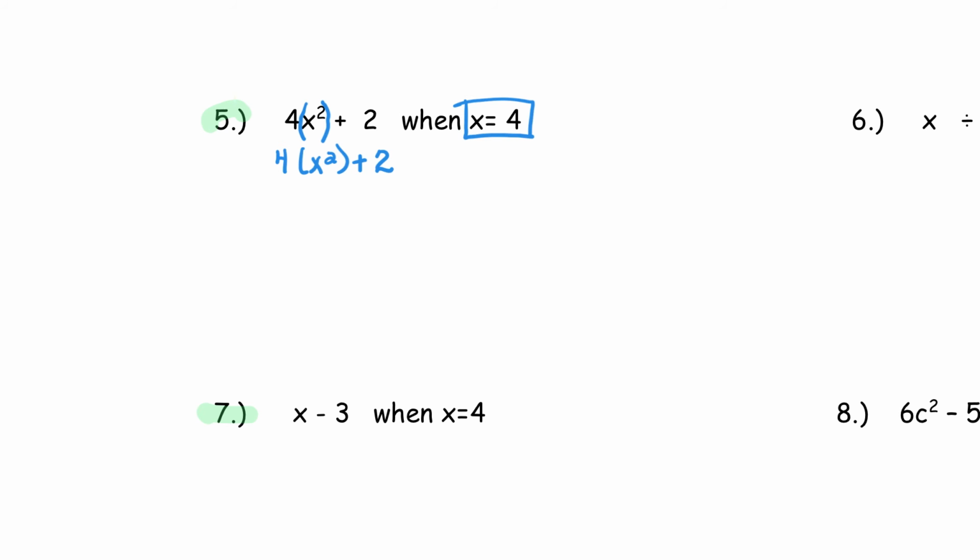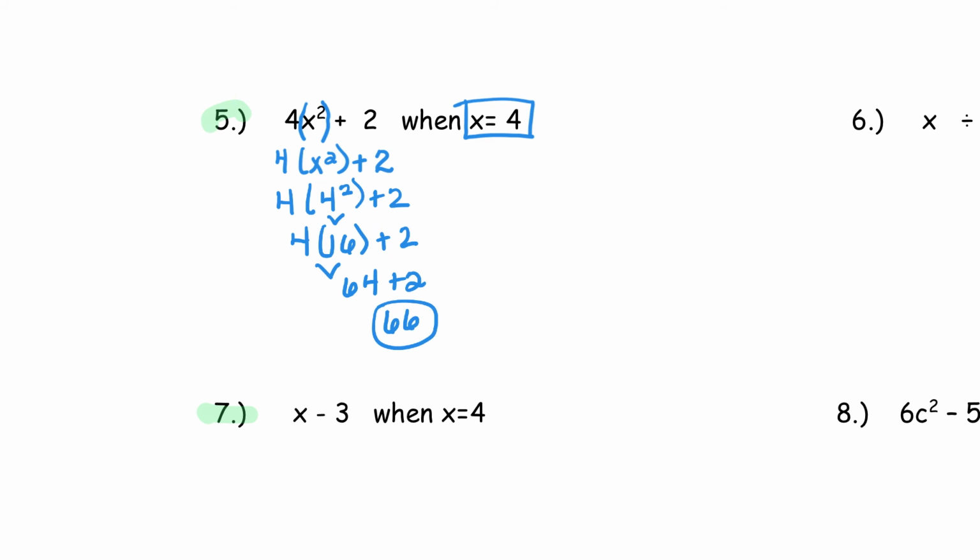Now I'm going to substitute 4 times 4 squared plus 2. 4 squared is 16. Check this out. It's 4 times 16 plus 2. 4 times 16 gets me 64 plus 2, and my final answer is 66.